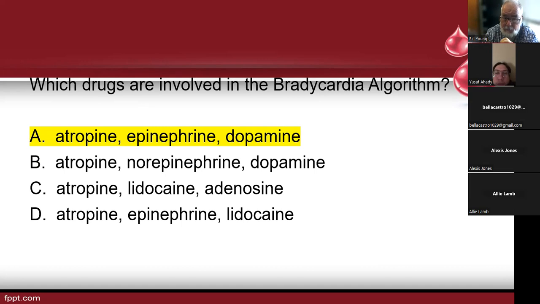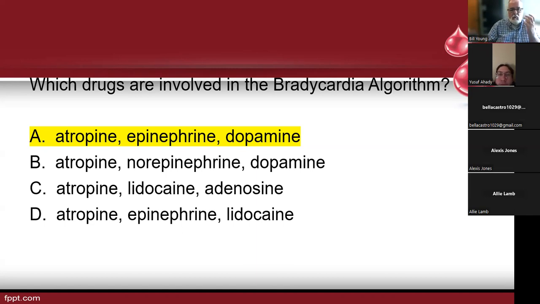Primarily the reason for the dopamine is what, Bella? Because the dopamine doesn't really speed up the heart as much as it does what? It's a pressor, so it helps with hypertension that's associated with bradycardia. Bingo. So basically it's kind of a safety net.